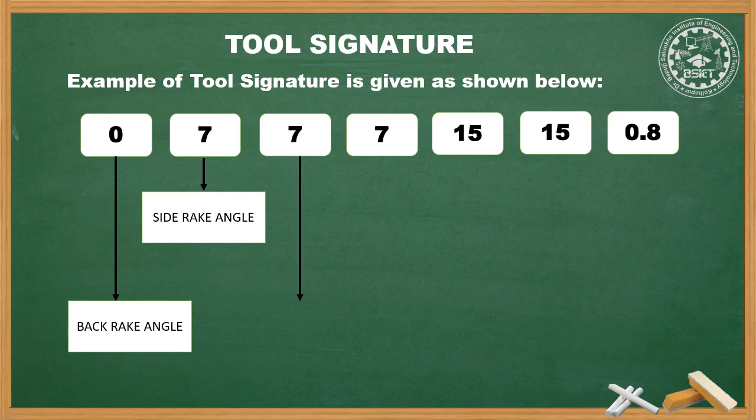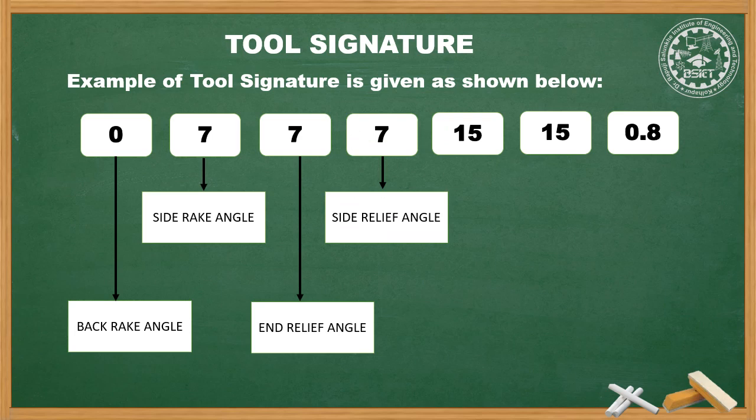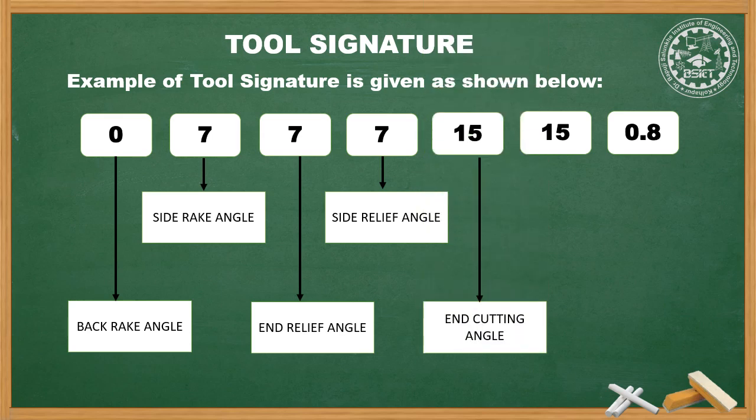Third is end relief angle, that is 7 degrees. Fourth box stands for side relief angle, that is 7 degrees. Next is the end cutting angle, that is 15 degrees.